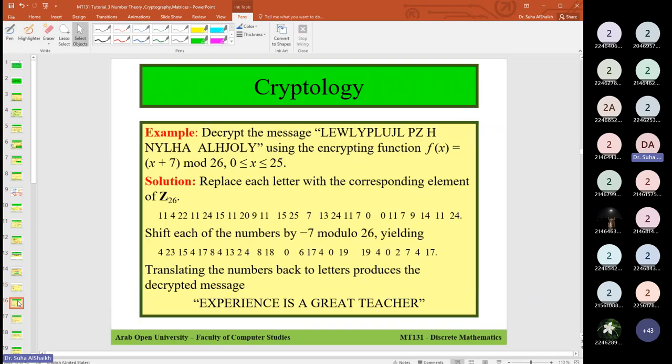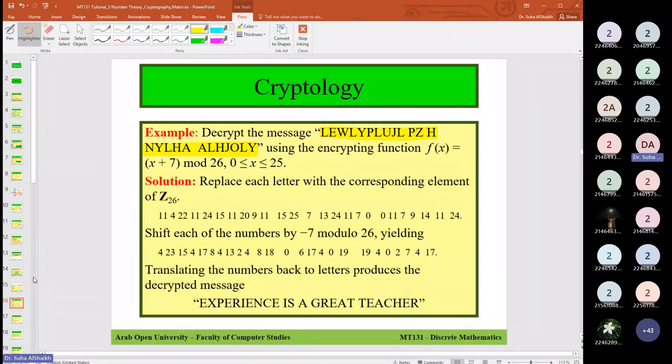Now let's have an example of decryption. Here, decrypt the message, and here you have the message. You see the message, we can't read it, right? It means it needs decryption, it means it's a secret message. So I have to decrypt it.